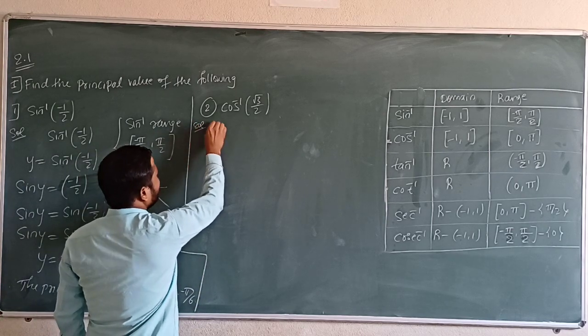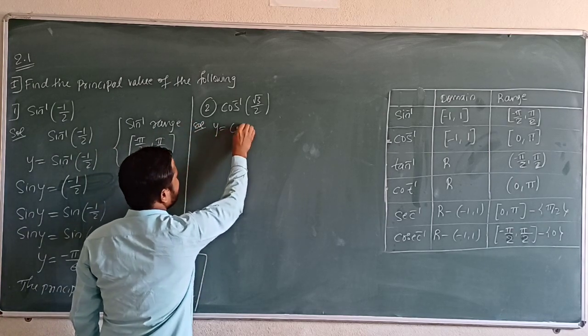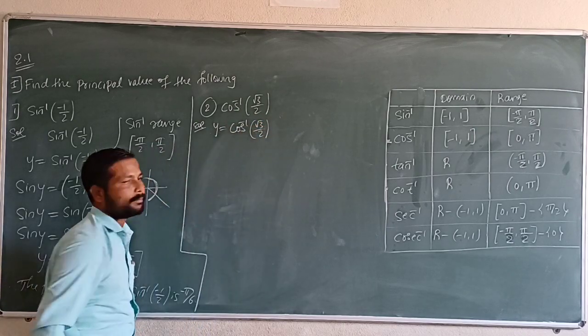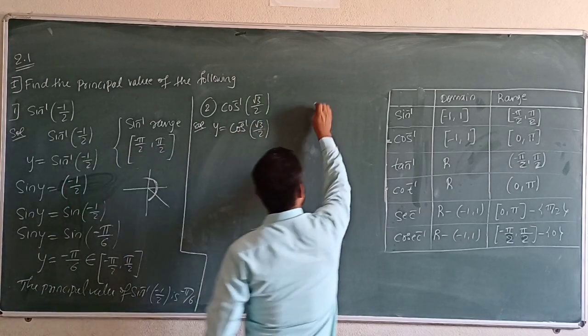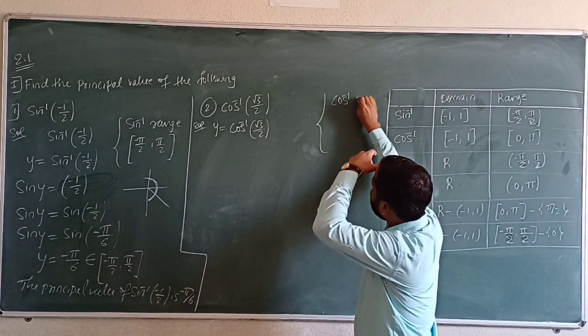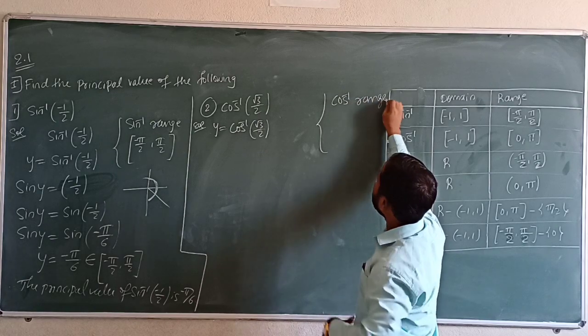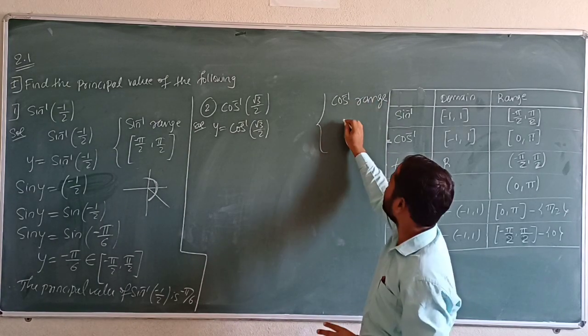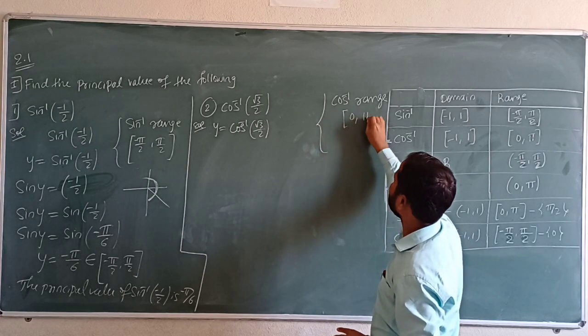Solution: take the question as y is equals to cos inverse of root 3 divided by 2 now. First, do not do it again, let us write down the cos range. Cos inverse range is the closed interval 0 to pi. Take here the closed interval 0 to pi.